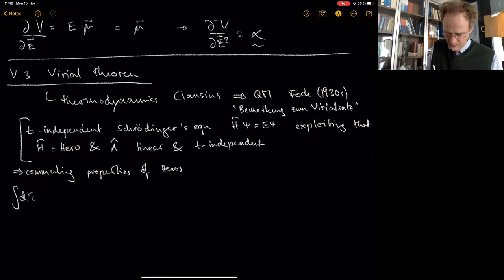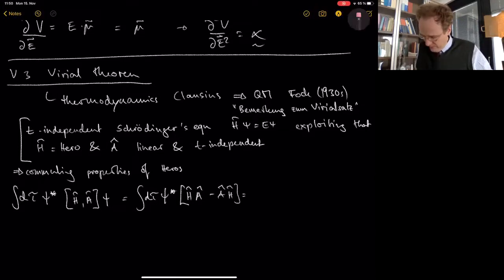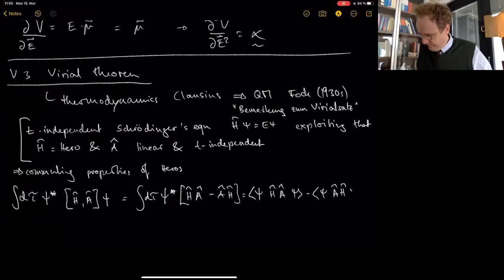So if we write the commutator of H with some operator A, then by definition, this is nothing else than H A minus A H. Now we change to bra-ket notation, right?